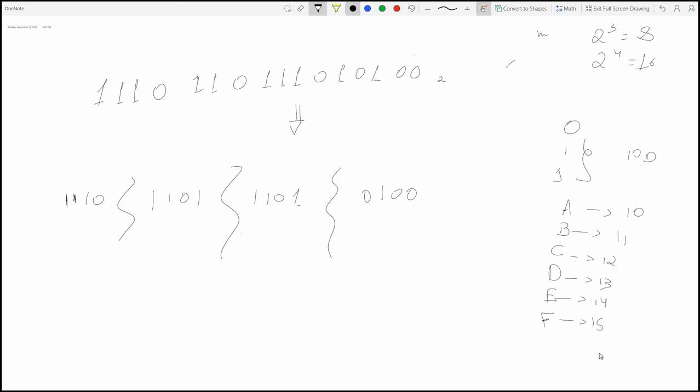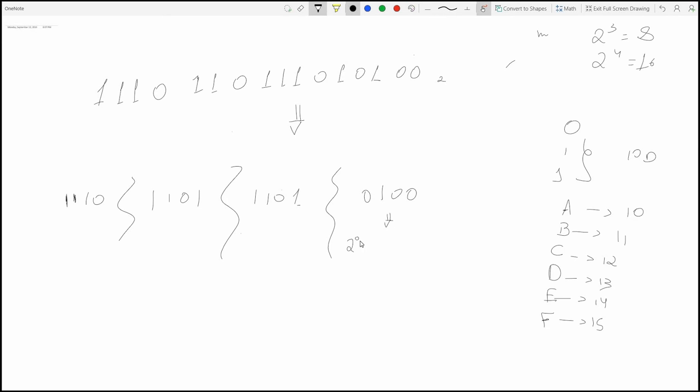To make it easier for ourselves, we are going to convert each part into a decimal number. We did that in the first lesson, so if you forgot, you can go and check it out. Let's see what's the answer for the first part.